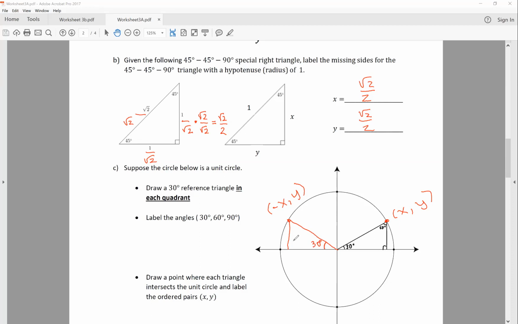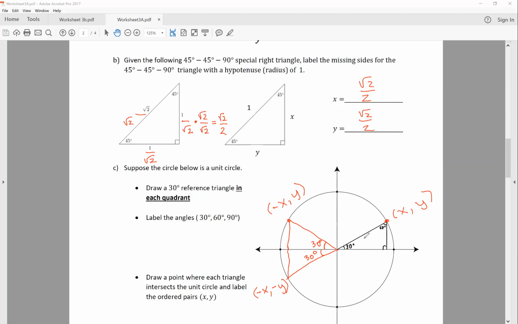I can also take that same triangle and flip it down into the third quadrant. And now there's my 30-degree reference angle. And again, this is now negative x, negative y.